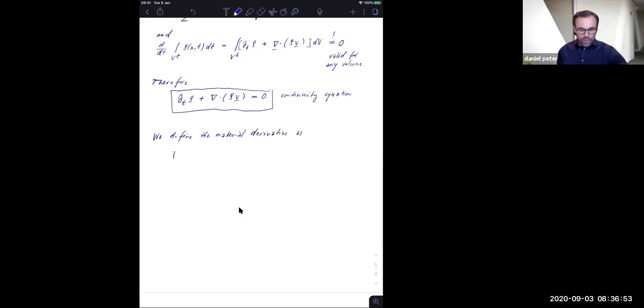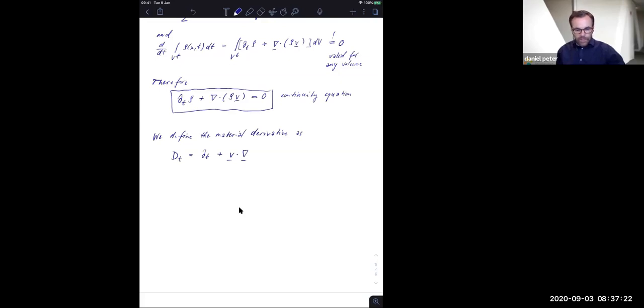So our new derivative is a capital D over Dt, which is not only the partial derivative in time, but also this quantity of v dotted with the nabla, the differential operator. So this is what we define as the material derivative.